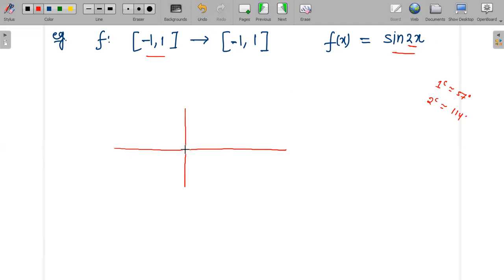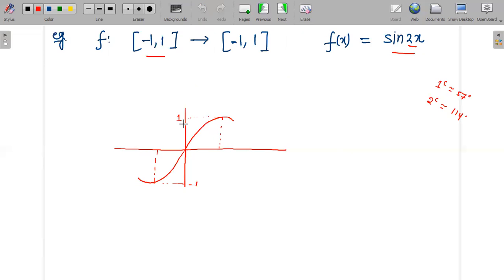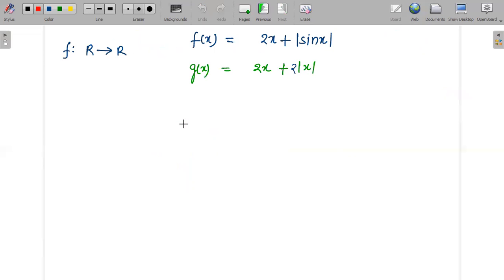So now let me draw the graph of the sine function from -114 degrees up till +114 degrees. If I try to find out the range of the function, then obviously this time it will be from -1 to +1, which covers -π/2 to +π/2. So this will make your function onto. I'm sure you got my point, what my direction or orientation is.